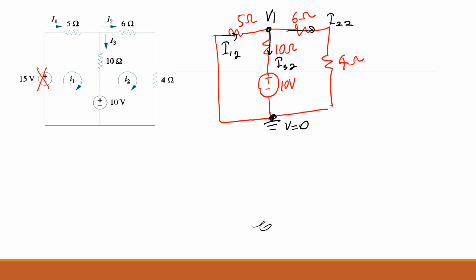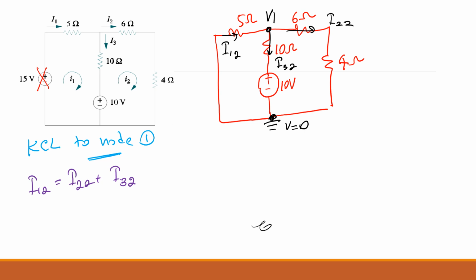We apply KCL to node 1, or whatever the number that you have given. So in that, what are the currents coming in? I12 is equal to I22 plus I32. Am I right? Now we need to write the currents in terms of voltages.